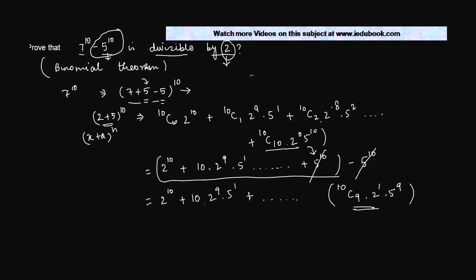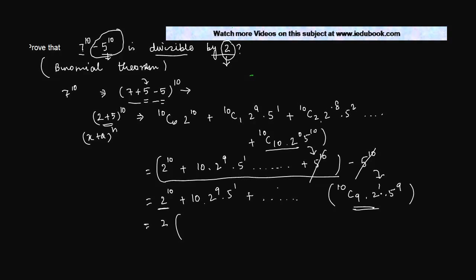Now if you notice, 2 is everywhere. So can you take a 2 common? Yes, we can. So 2 to the power 10, 2 to the power 9, in the other terms it will be 2 to the power 8, 7, 6, 5, until it reaches 1.